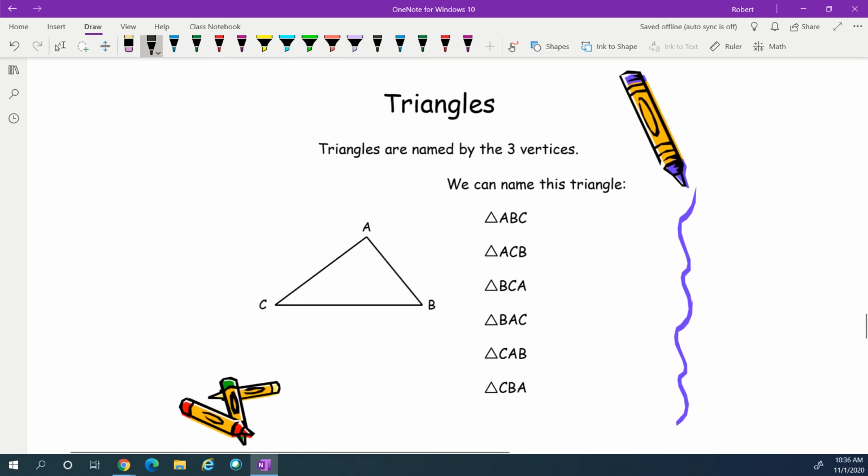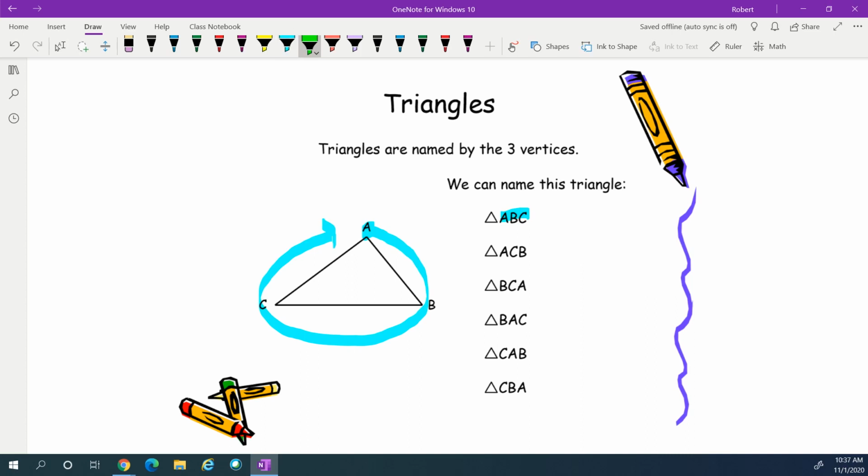And before we go any farther, we should also talk about how to name a triangle. Any polygon gets named by starting with one vertex, one corner of the shape, and going around it, either clockwise or counterclockwise. So, for example, we can start at A and then go clockwise, B, C. So, triangle ABC.